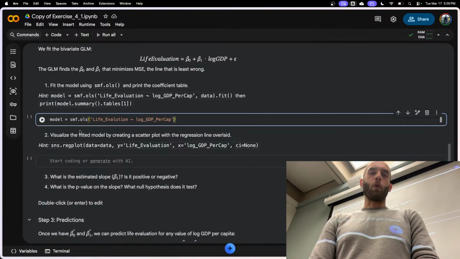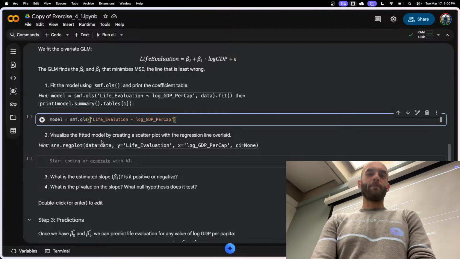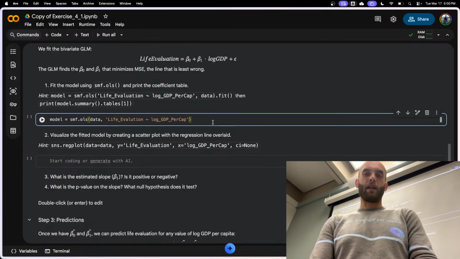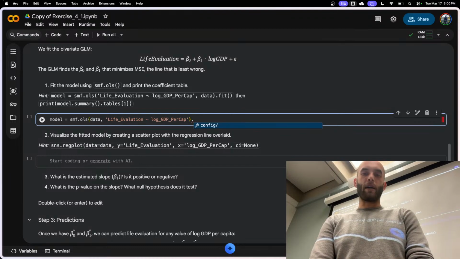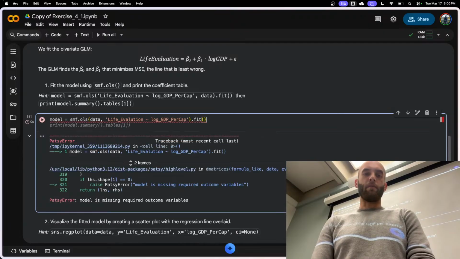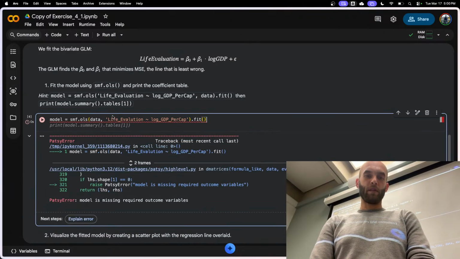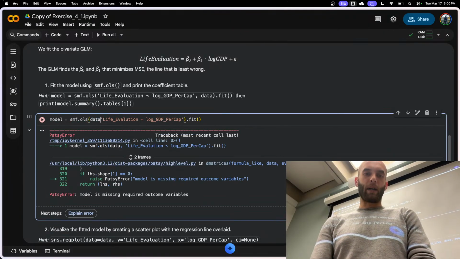And then we're just going to give it the data. So I think you can put data at the front or at the back. I think in the hint I put it at the back. And then we just apply fit to the thing. Maybe we actually have to put it on the back.